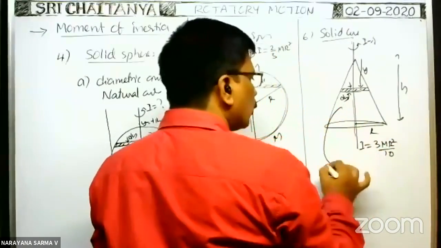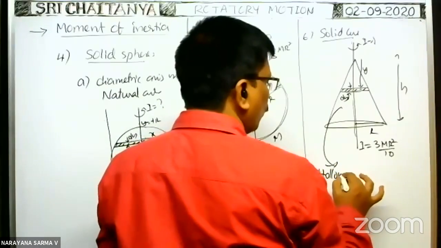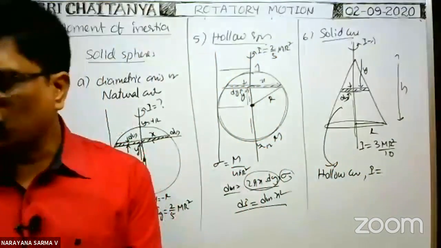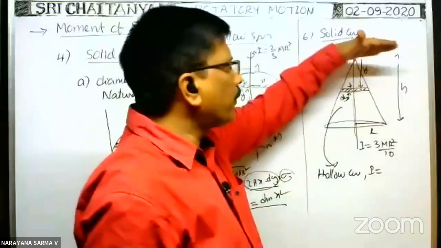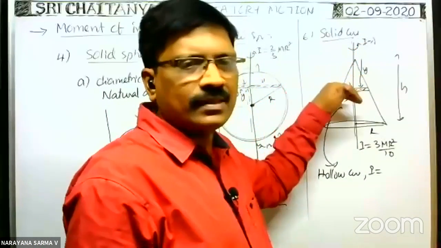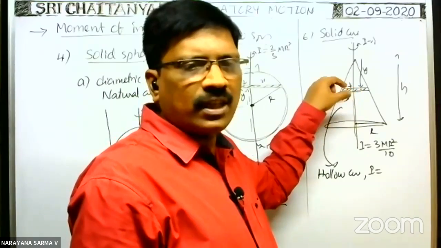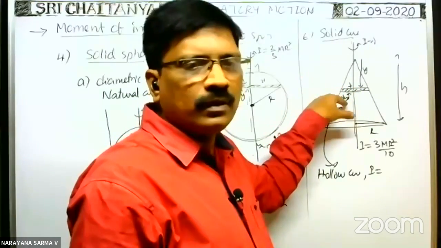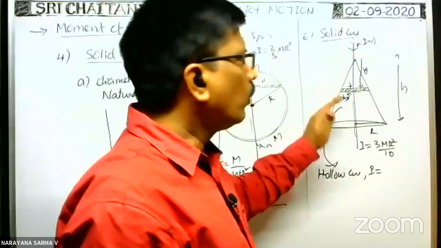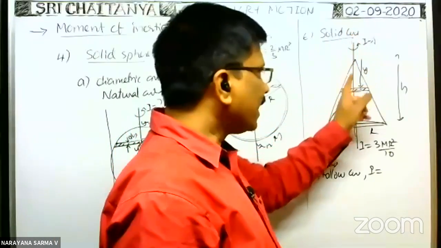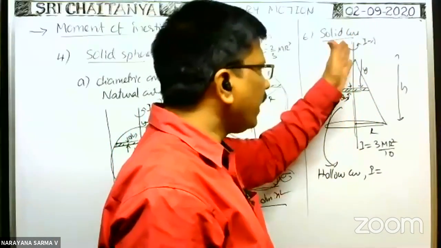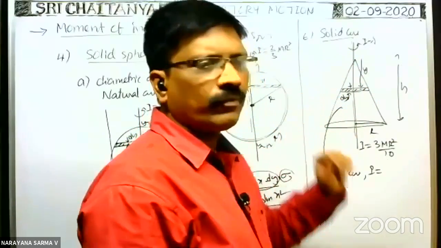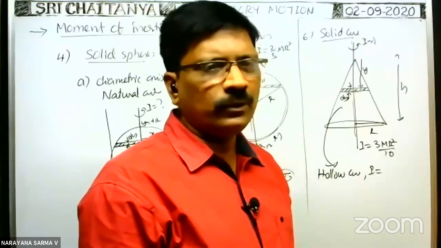If it is the hollow cone, then moment of inertia is equal to... If it is the hollow cone, when you divide the cone into a number of slices, what is the shape of each slice? It is the ring. For a solid cone, actually, what is the volume of the cone? 1/3 pi r square h, no?